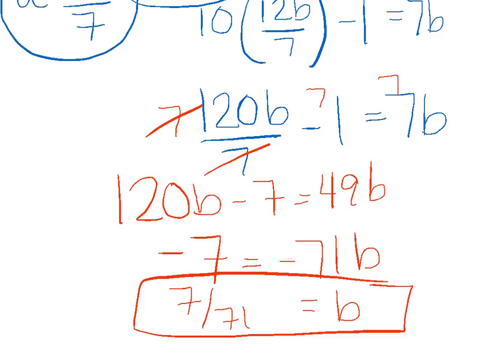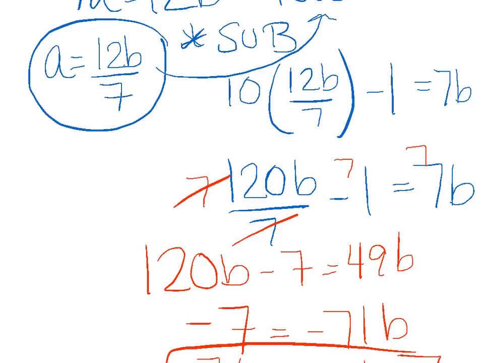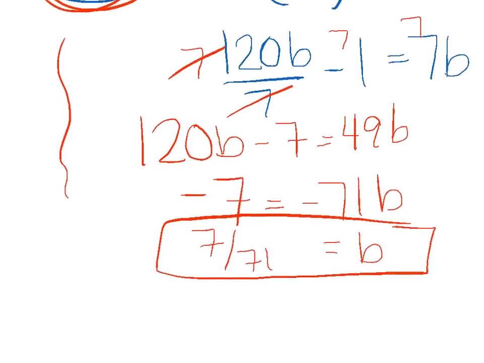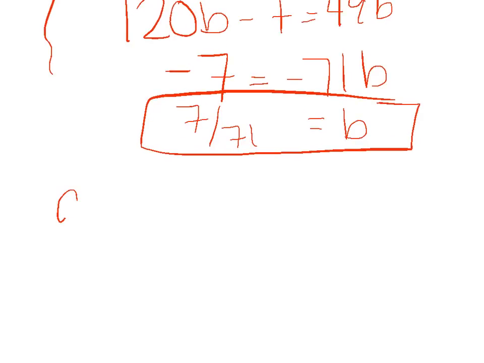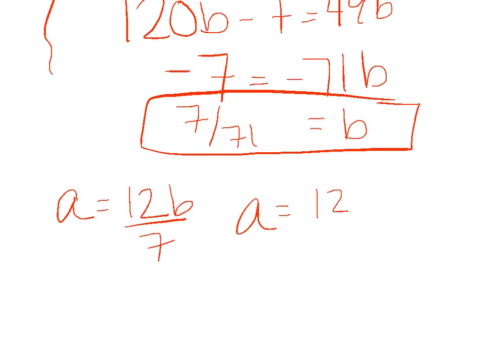Once I know what b is, I simply need to go get a, and I'm just going to find the simplest equation I can, and to me that's this guy here. a is just equal to 12b over 7, so I'm going to carry that down. So I know a is equal to 12 times 7 over 71 divided by 7.